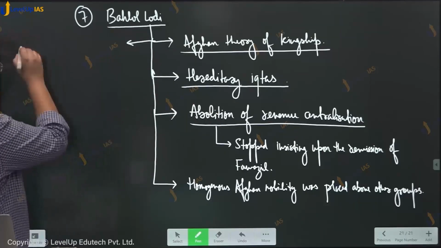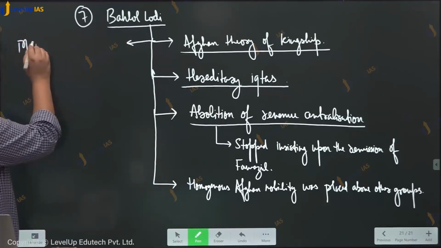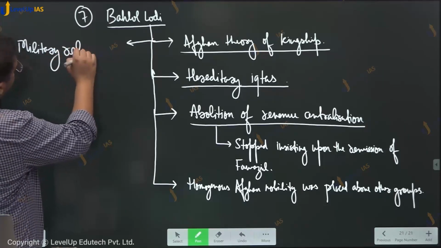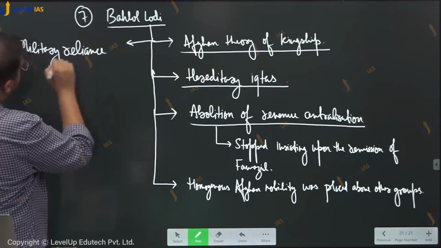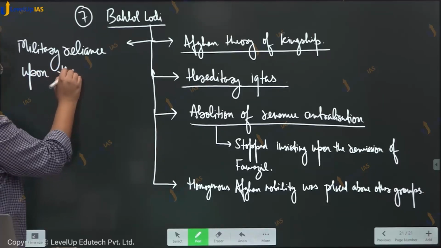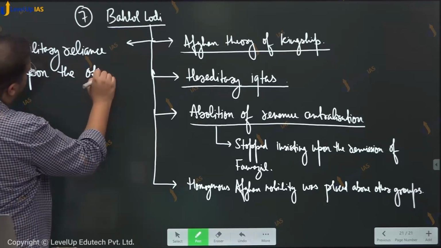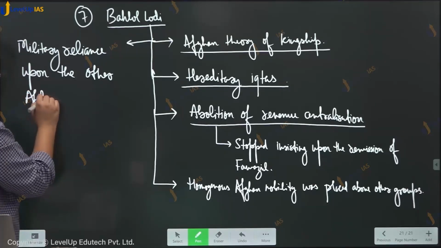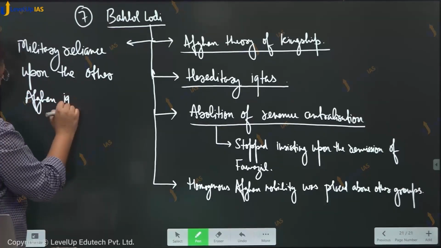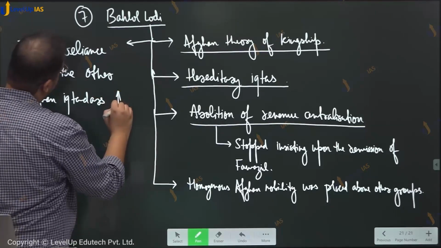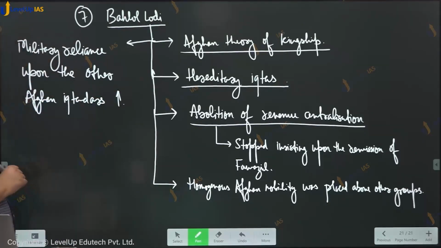Instead, his military reliance upon the other Afghan Iqtadars increased substantially. ठीक है.